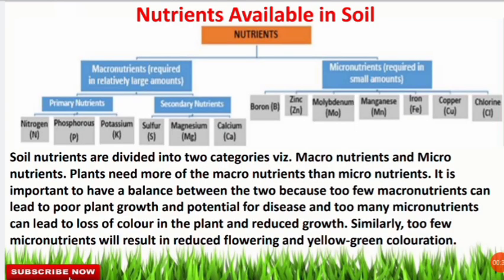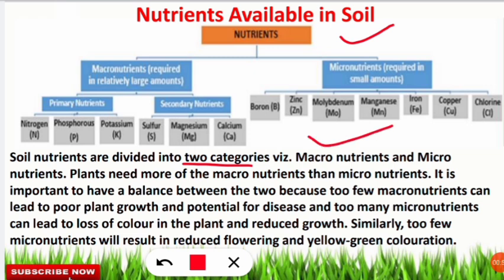Here we will learn about the nutrients available in the soil. It is very important because plants take up nutrients from the soil through the roots and prepare food, which is transferred from one trophic level to a higher trophic level. Soil nutrients are divided into 2 categories: macronutrients and micronutrients. Macronutrients are the nutrients which plants need in more quantity.